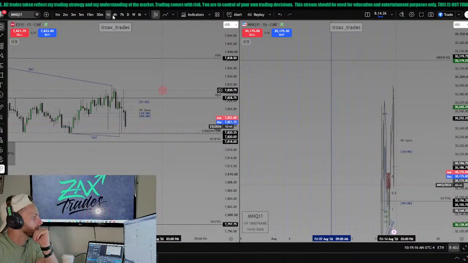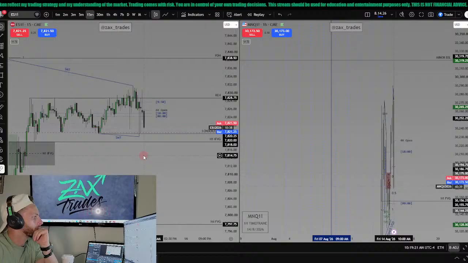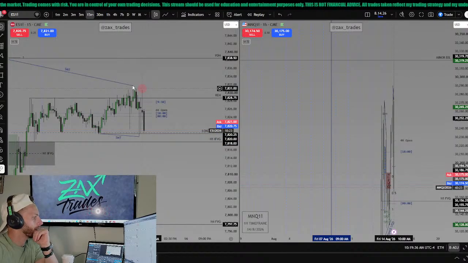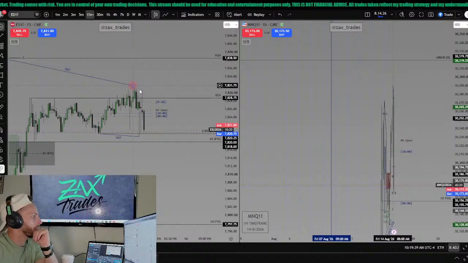Let's reevaluate here. The 4 hour, actually, good lord. So it actually went up and looks to basically have made a relative equal high to our pre-market high.